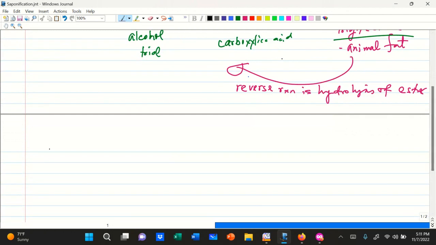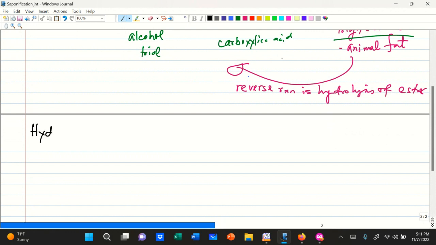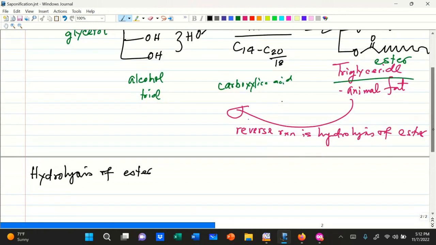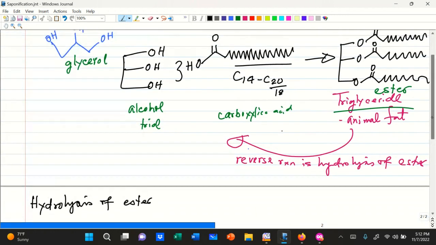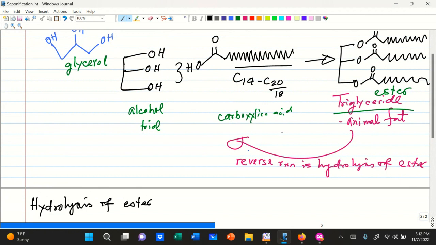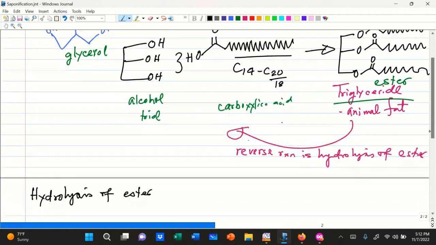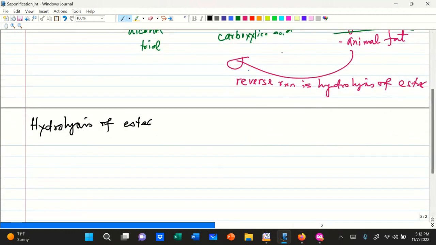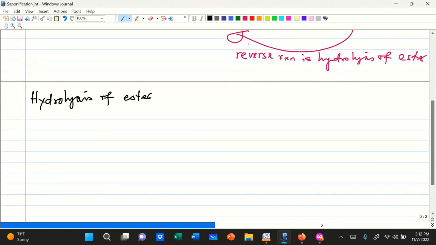So let me write the reverse reaction in this sense, hydrolysis of ester. And this time I'm not using triglyceride, I'm using a simple monofunctional ester. But the principle is the same, the chemistry is the same. So in this case, we are deliberately using an ester in which on the carboxylate side we have a long hydrocarbon chain.